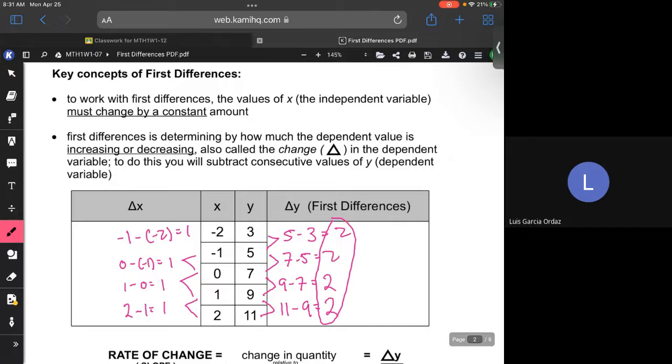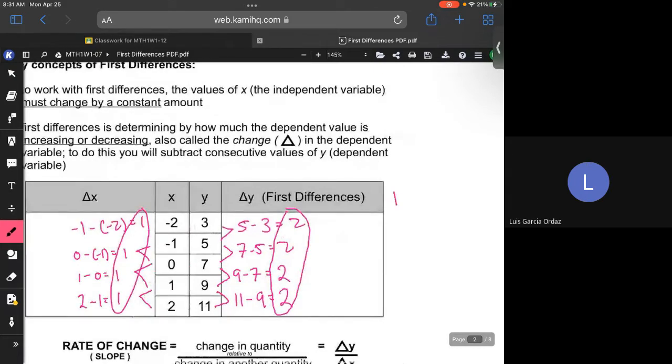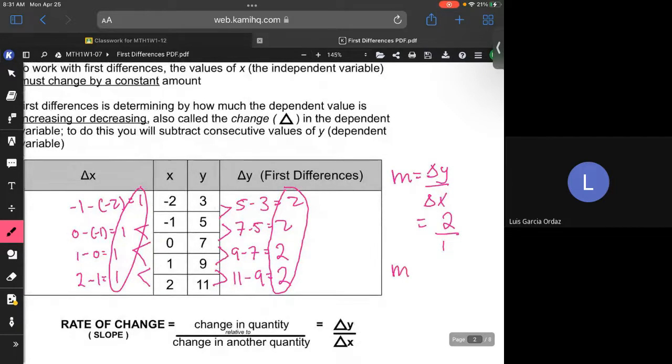So these are the same, and we know that my slope is my change in y divided by my change in x. So what was my changes in y? What were my differences? 2. What were my changes in x? 1. So what's 2 divided by 1? 2. So that means my slope is going to be 2. So this is just another way of finding slope.